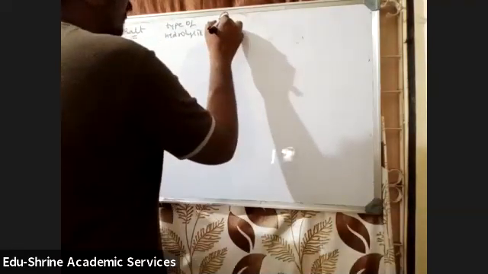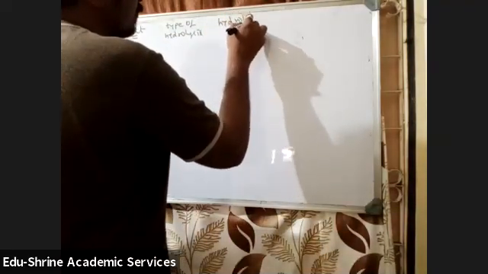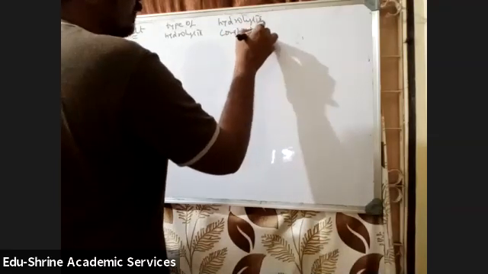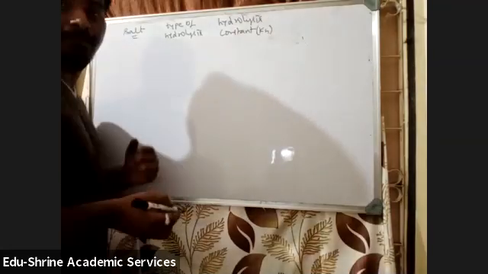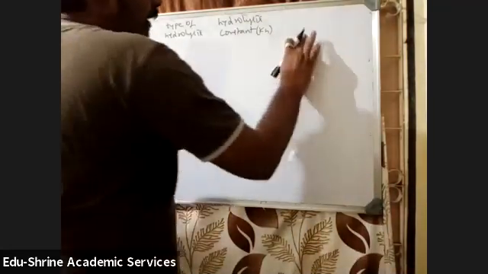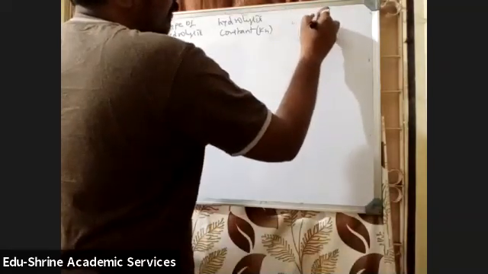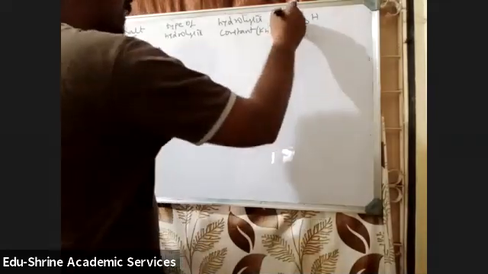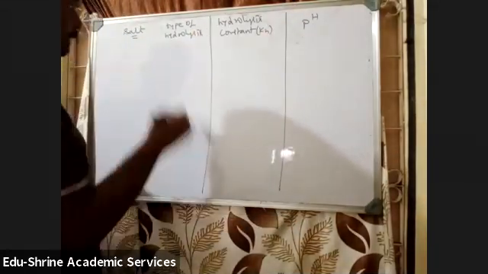Next one is hydrolysis constant, that is KH. Next one is formula to calculate pH. So here the table will be completed.